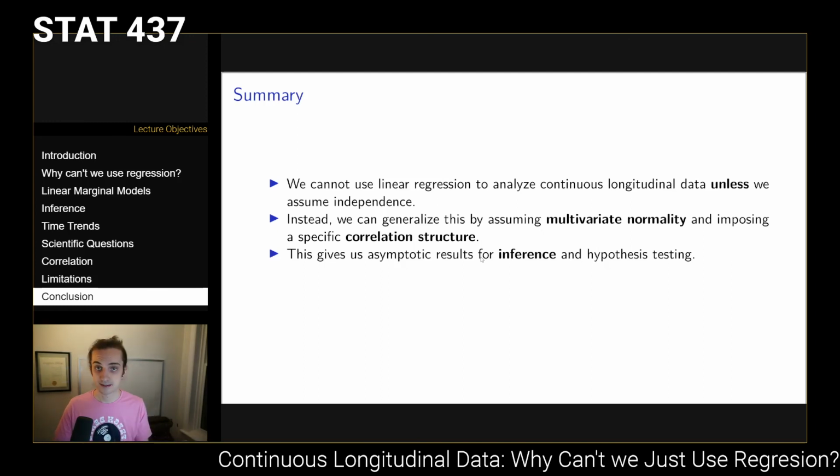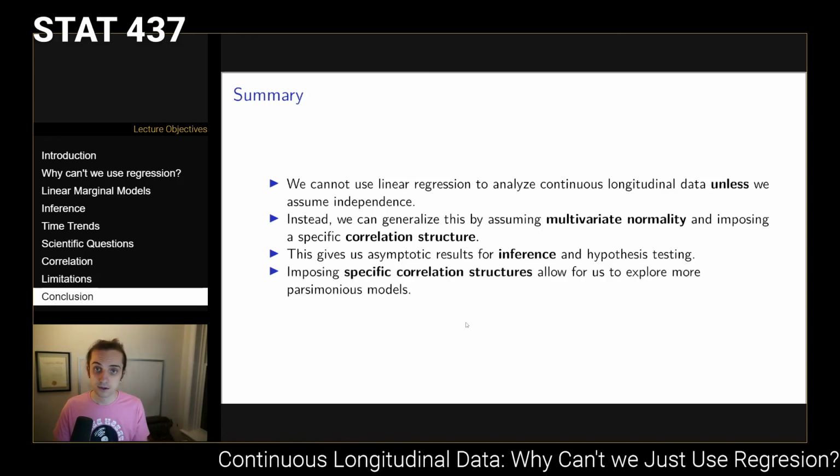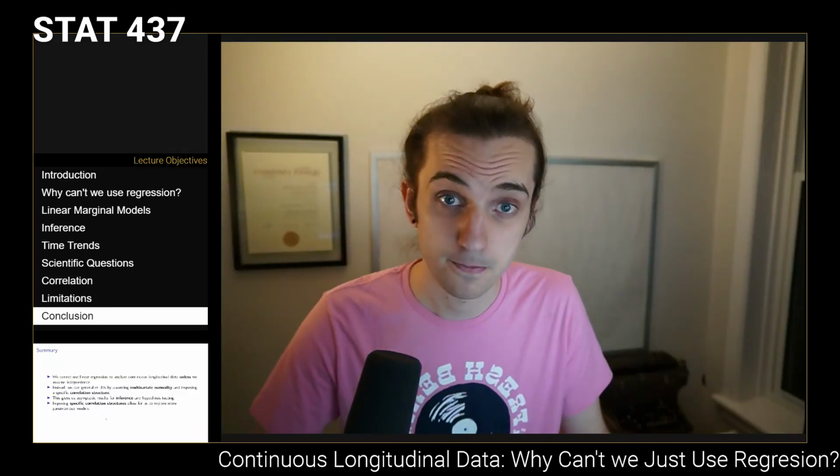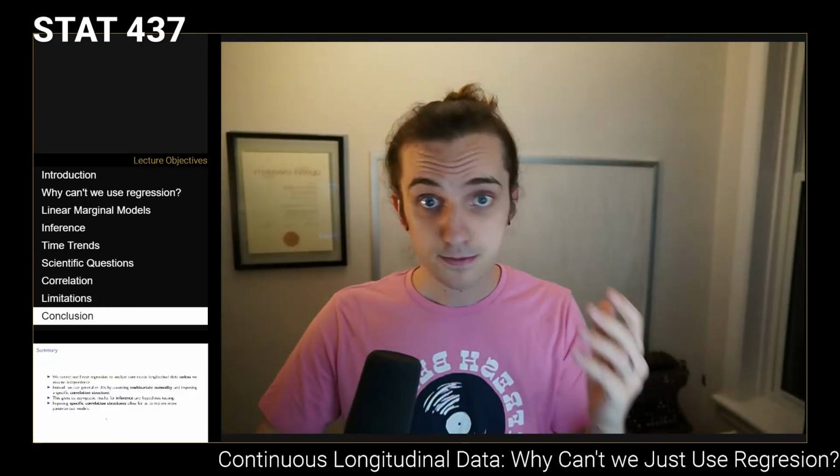This gives us asymptotic results that we can use for inference and for hypothesis testing. And we can be flexible about the correlation structures that we are using to allow for more parsimonious models, to overcome issues that may have come up when we were trying to fit the models with too many parameters.